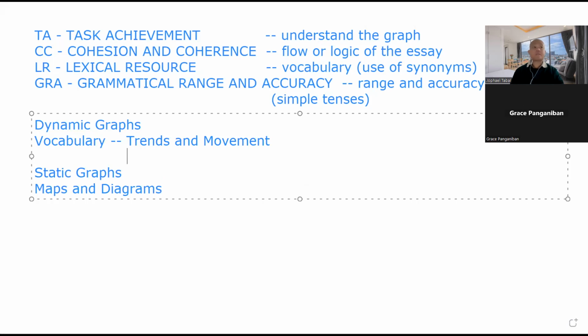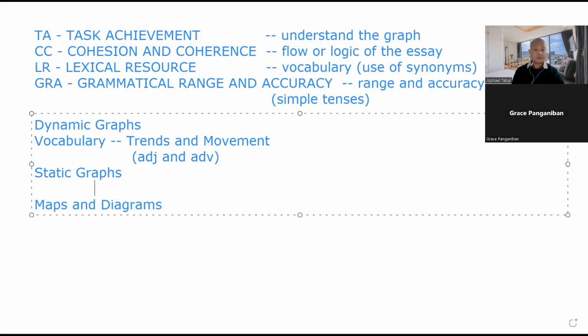Apart from that, the student also has to learn not only the trends but also how the movement changes. That means the student has to use adjectives and adverbs in describing changes.